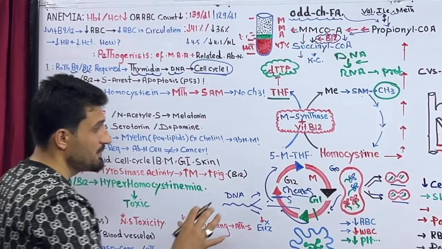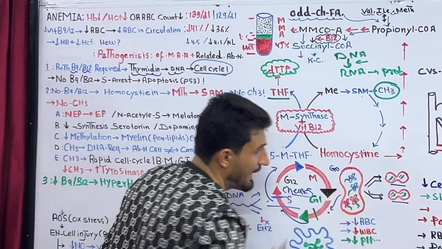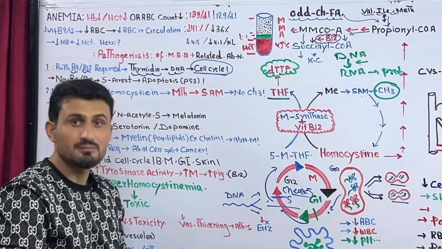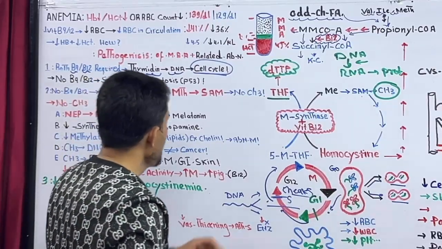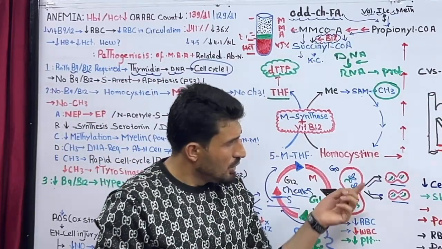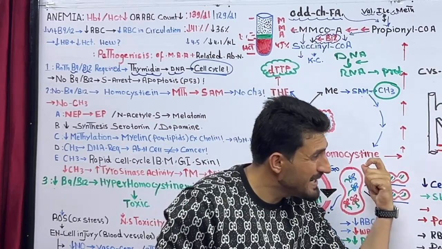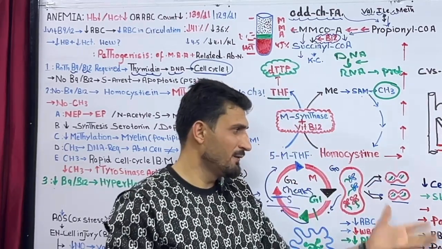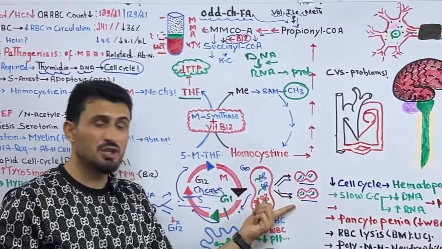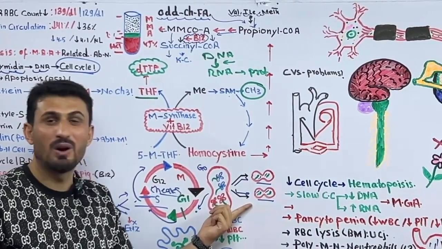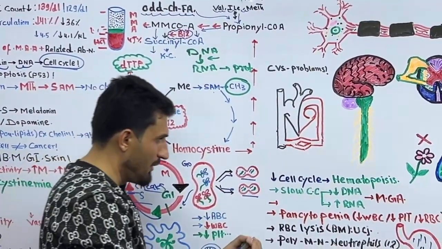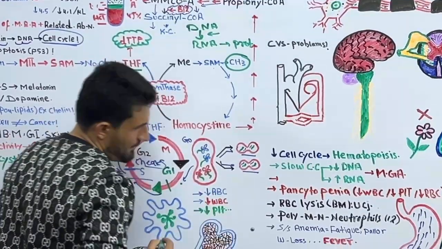It means I cannot make enough cells. So when I don't have enough cell cycle, it means I cannot make enough new cells. For example, let me link it to erythropoiesis, or to RBC.